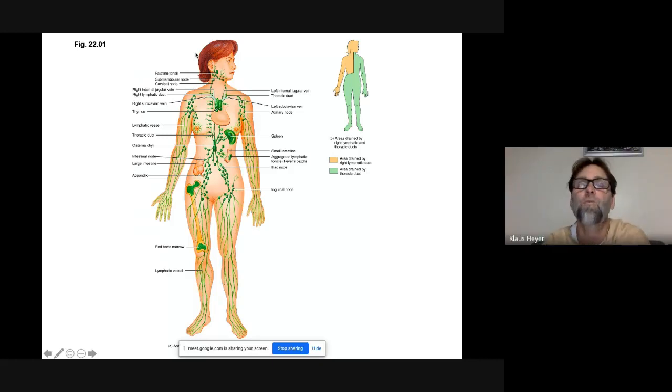So you see where you have blood vessels, you have lymphatic vessels too. Here you have a subclavian vein going around the shoulder, and then you've got veins and arteries going up and down the arm. Same thing with lymphatic vessels, right? And then you've got them going up the neck, and in fact, a lot of these are named similarly.